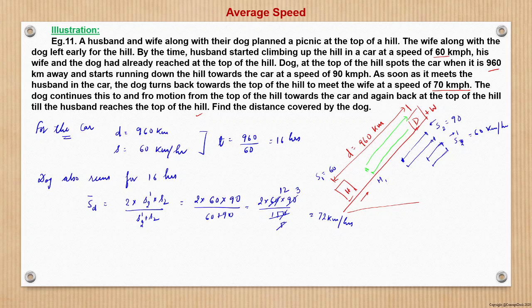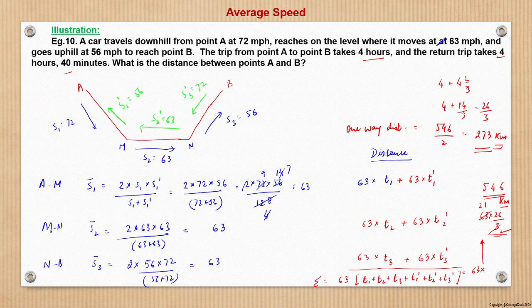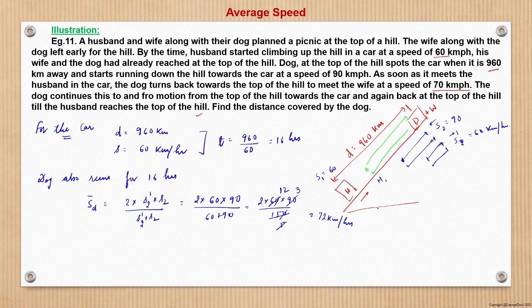So suppose the dog meets n times, but in all the meetings the average speed for the dog is 72 kilometer per hour. As we had seen in the previous problem, the average speed was the same in all the instances. So for all the journeys combined, the average speed will remain the same, 72 kilometer per hour.